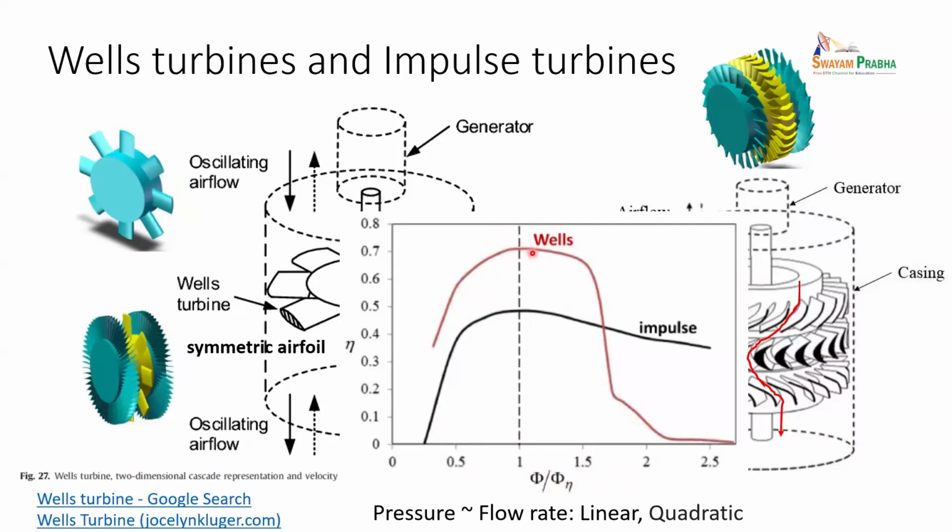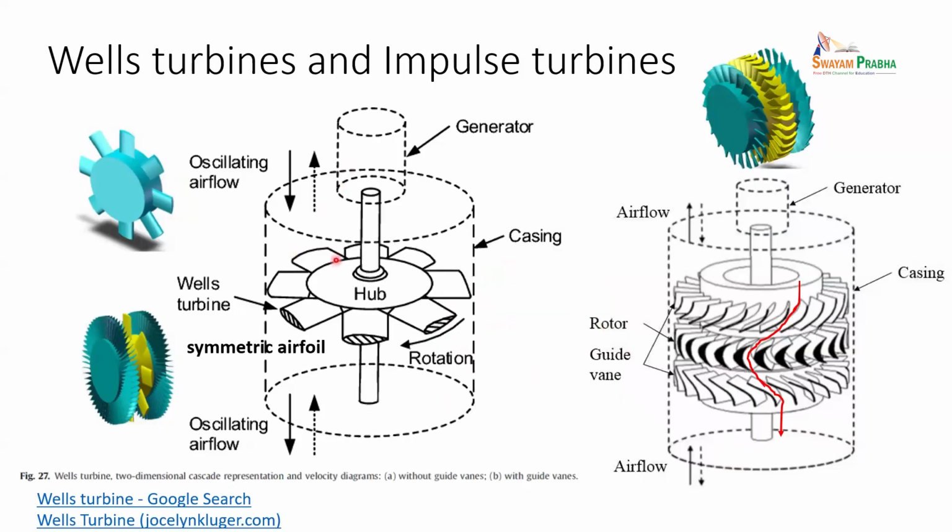The efficiency here is higher. And this impulse turbine works in a broad frequency range, but its efficiency is lower. There is active research in the field on how to design such a turbine. Okay, so in that way, no matter air in and out, the generator always rotates in one direction, like here, right?